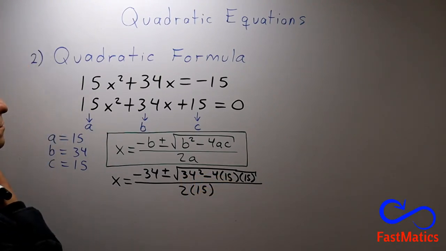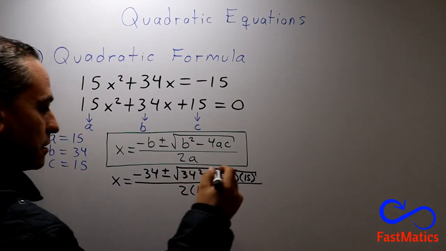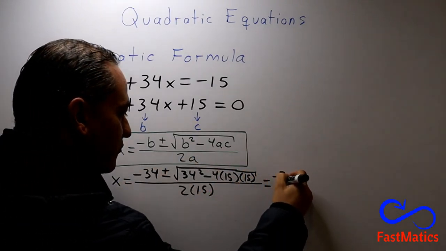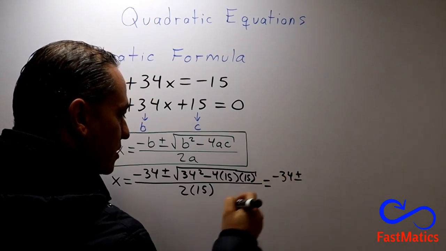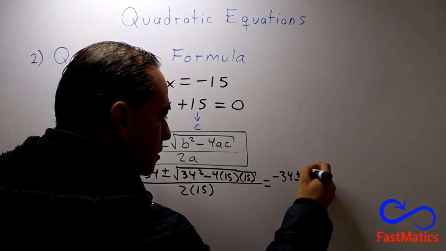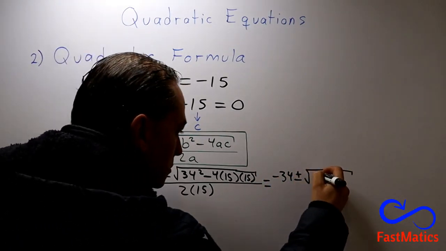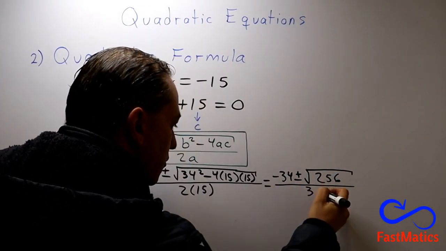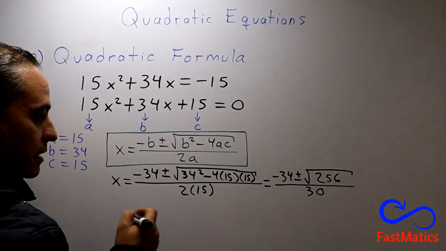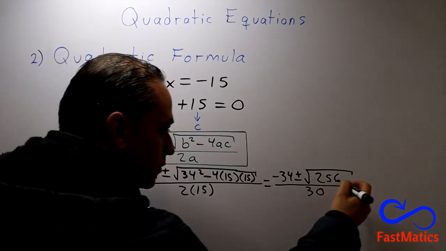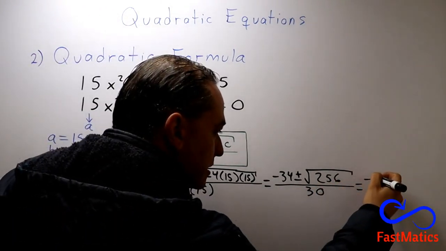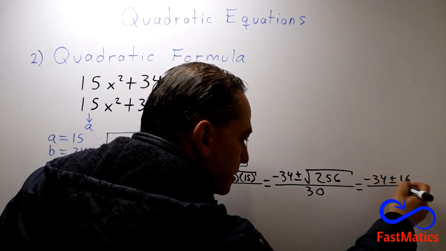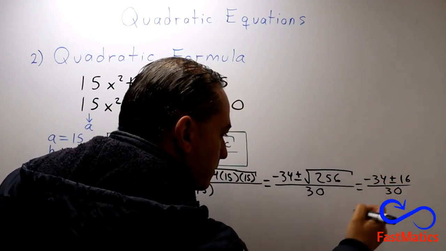So we solve it with a calculator. We're going to get negative 34, plus or minus the square root of 256, divided by 30. And after that, we see that it is negative 34, plus or minus 16, divided by 30.